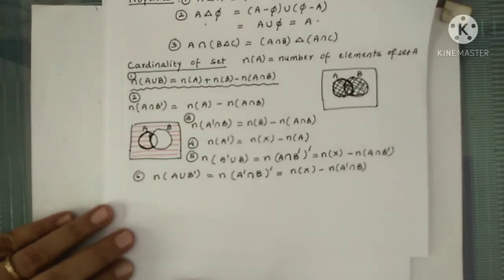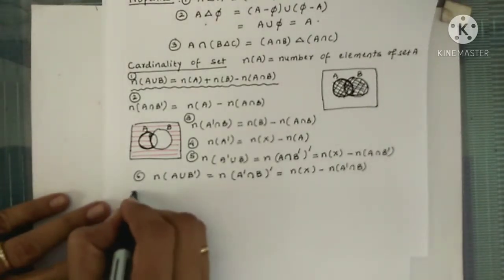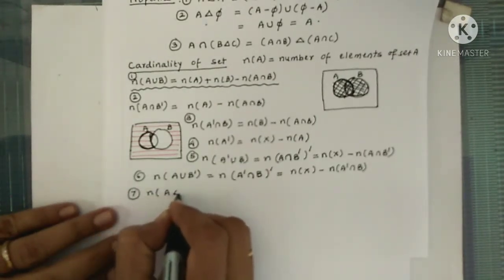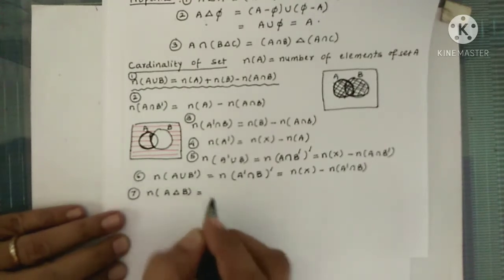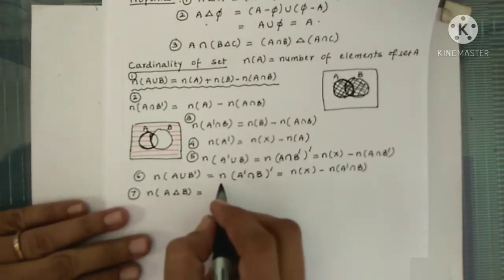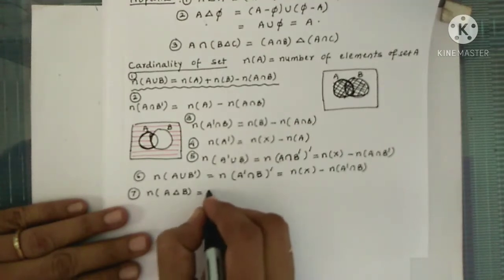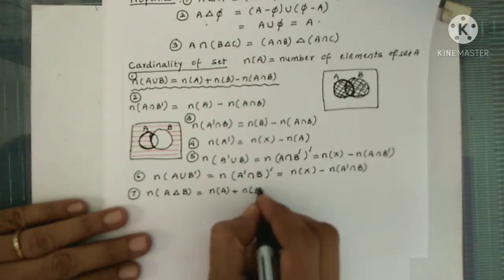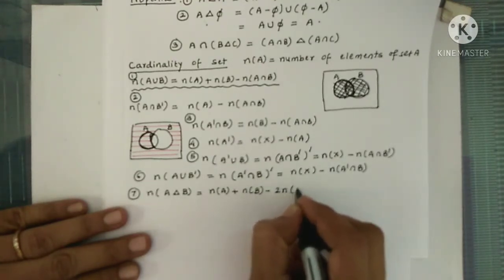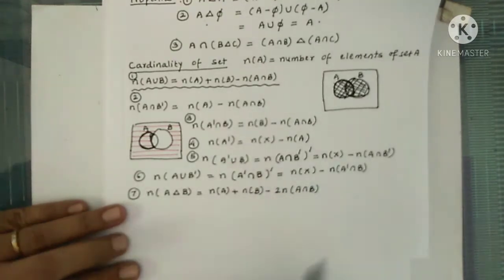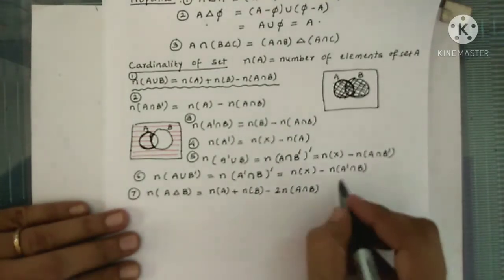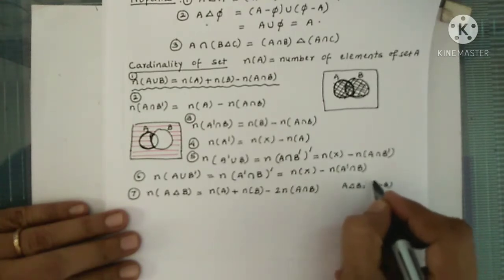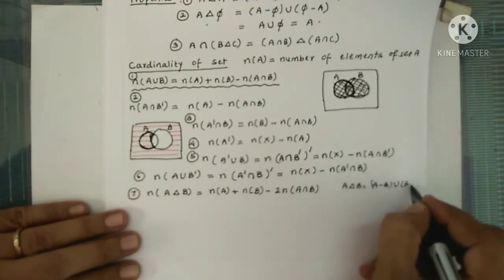Okay. Now, if we want to write the formula for n of the symmetric difference of A and B, what happens? See, n(A symmetric difference B) becomes n(A) plus n(B) minus 2n(A intersection B). Why? Because symmetric difference means (A minus B) union (B minus A).